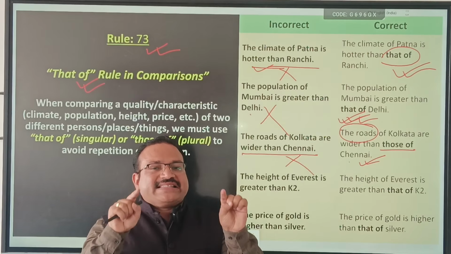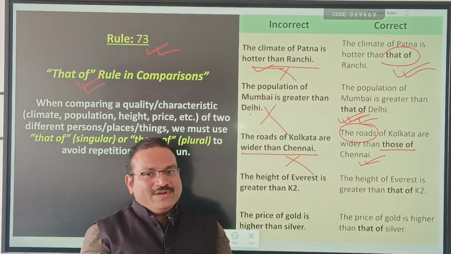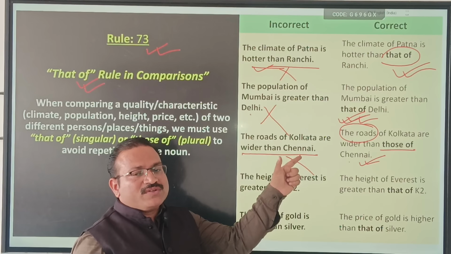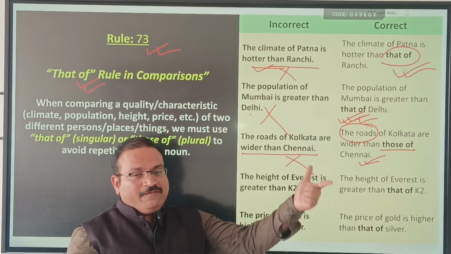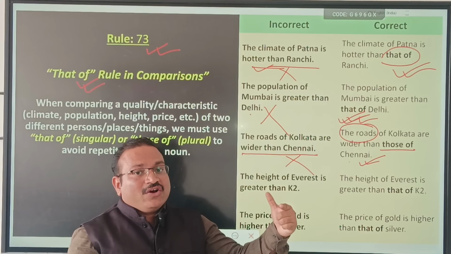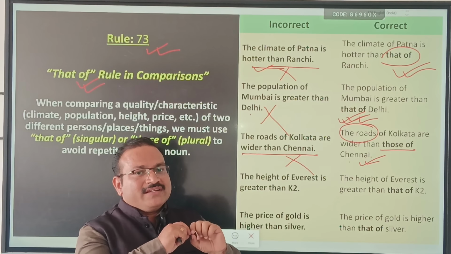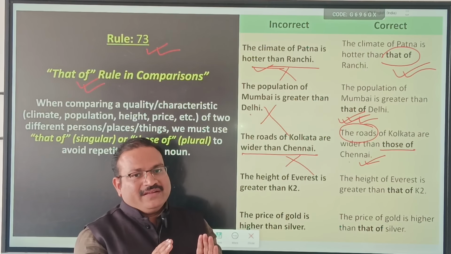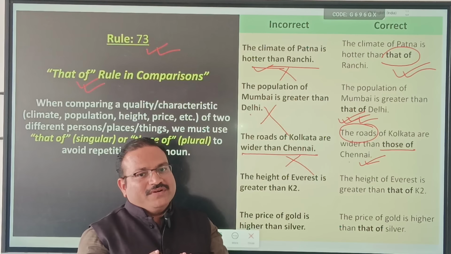So to make the sentence clearer, we draw this parallel structure. We use this that of and those of. If you are not using that of and those of, it means the comparison is not being made properly. The sentence structure is not proper.